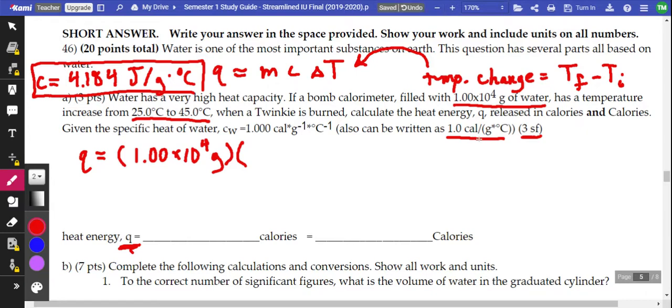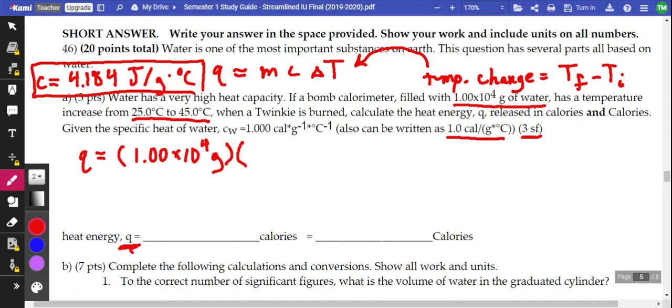It's just that 1 calorie is the same as 4.184 joules of energy. The calorie is easier to work with for the math. It's just a matter of preference. In this case, they want it in calories, so we're going to do it in calories.